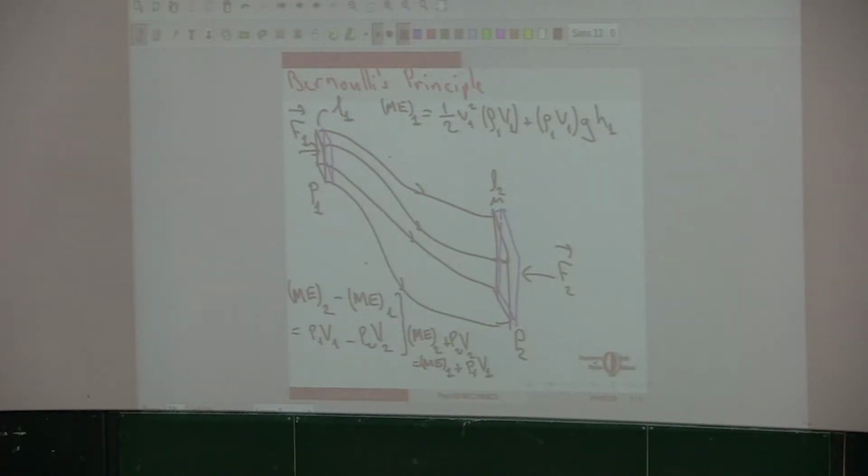If you look here, I have P1, V1. So the mechanical energy plus PV, let me first write this as V1 times 1/2 rho 1 V1 squared plus rho 1 g h1. This is the mechanical energy at point 1.